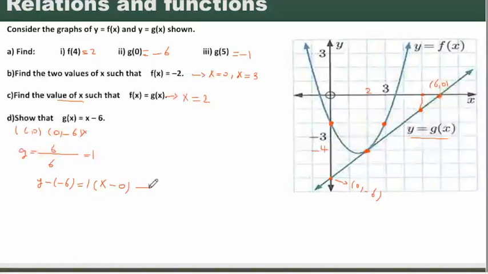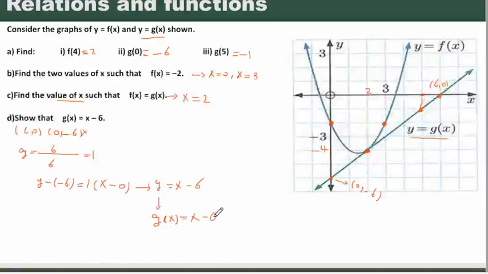So I bring 6 to the right side. That is y equals x minus 6. We know this y equals g of x, so I substitute g of x instead of y and write g of x equals x minus 6. So I prove that g of x equals x minus 6.